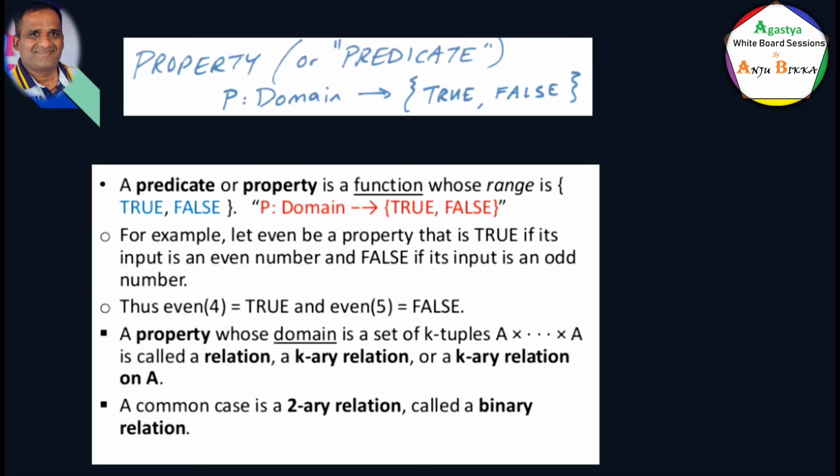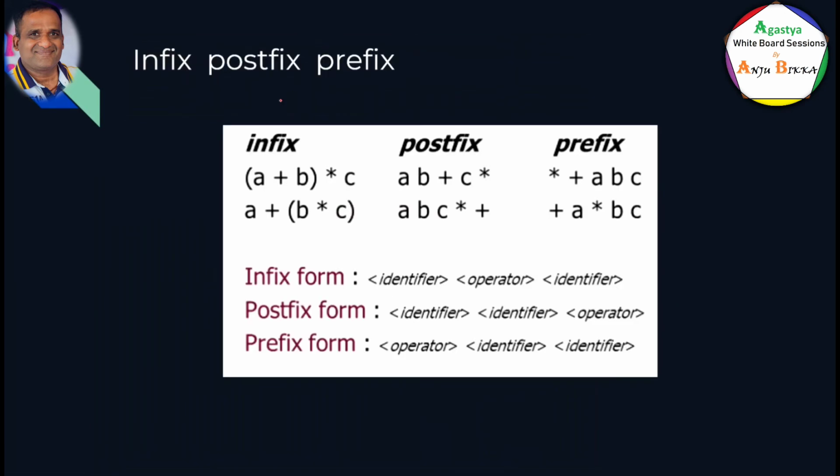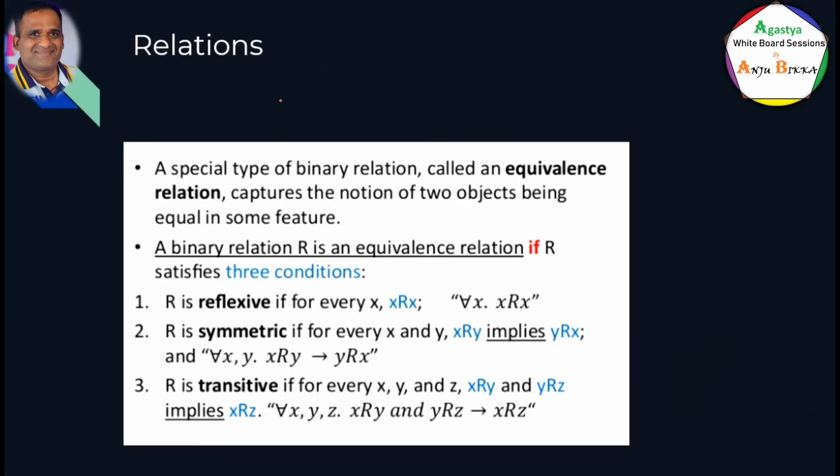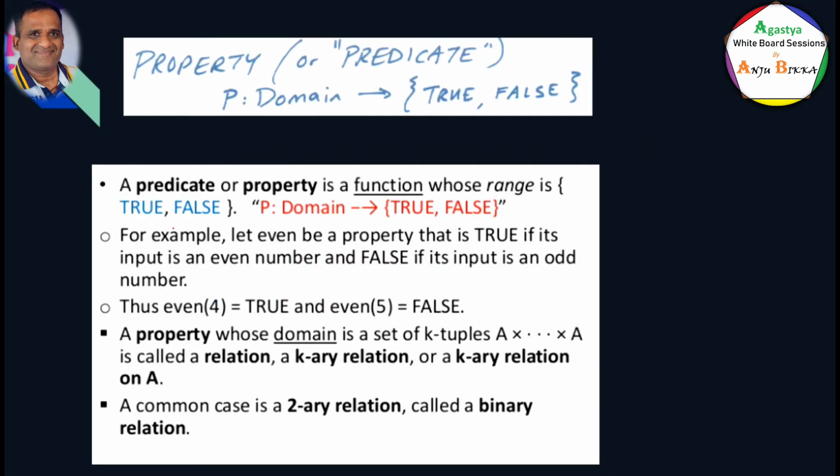A property or a predicate is called a Boolean function. The reason it is called a Boolean function is that for a function with a domain, the codomain or the range has only two values, either true or false. Meaning f of a is mapping to a Boolean, either true or false.